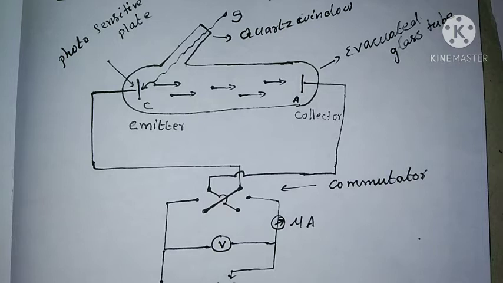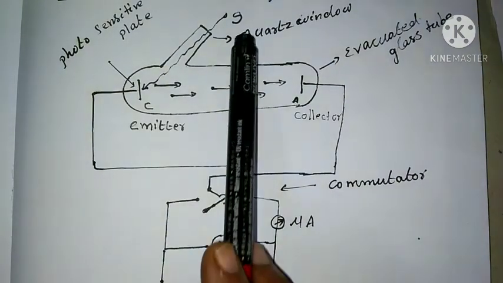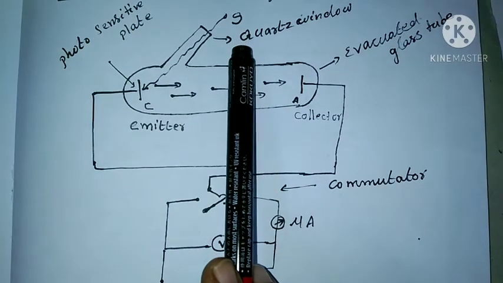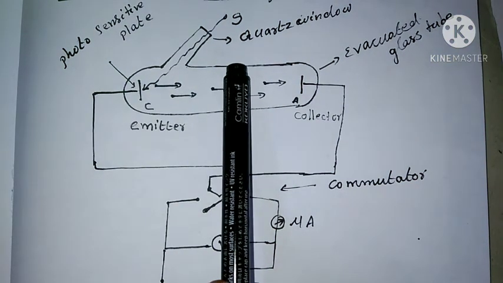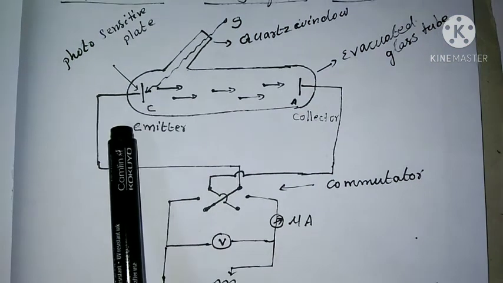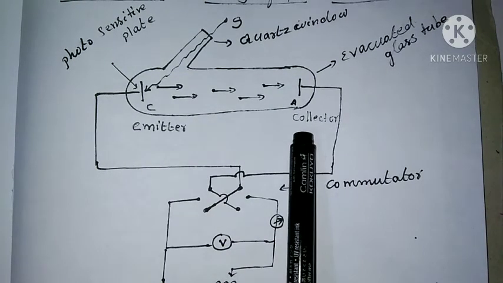Number 2, effect of potential on photocurrent. When the potential changes, how does the photocurrent vary? For that, you should keep the intensity and frequency of the incident light fixed. You should vary the potential between the emitter plate and the collector plate.